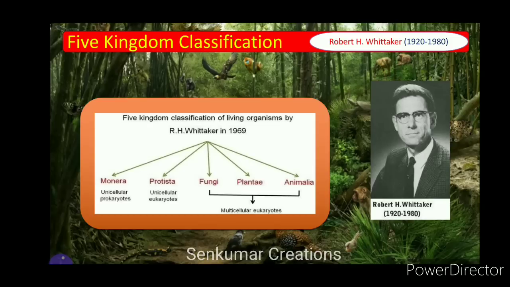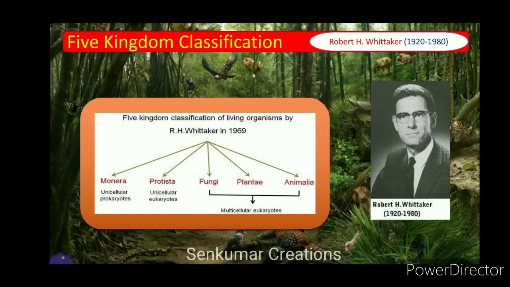Monerans and Protista are kept under unicellular, single cell organisms. Monerans are generally called prokaryotes and Protista are called eukaryotes. I just explained the differences between prokaryotes and eukaryotes. Prokaryote means absence of a true nucleus, the nuclear membrane is not clearly established. Eukaryote: eu means true, karyo indicates nucleus, so eukaryotes have a true nucleus.